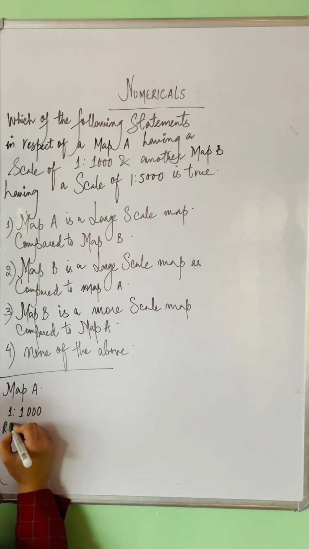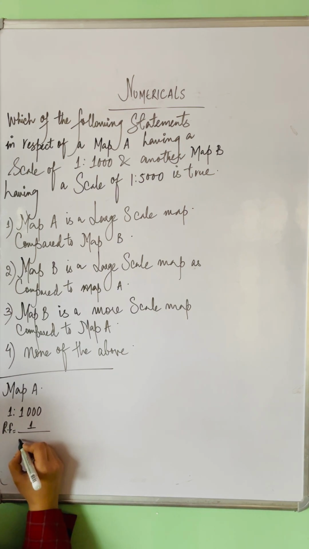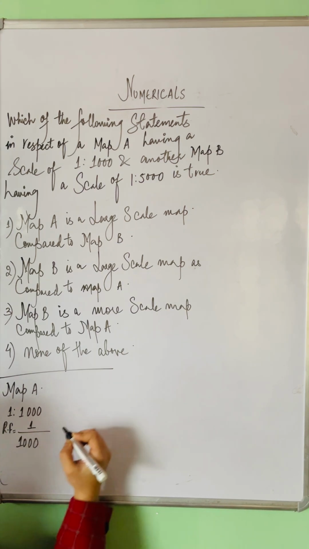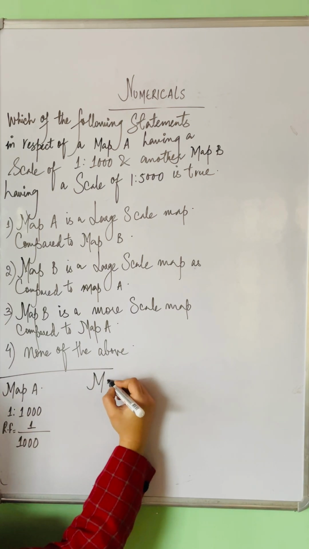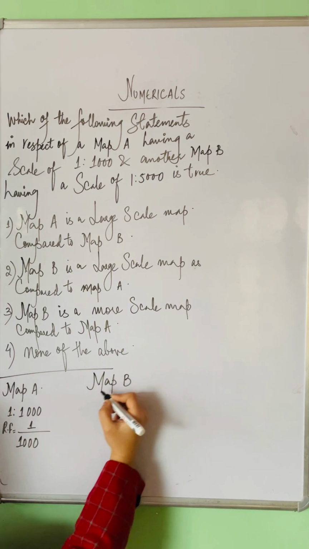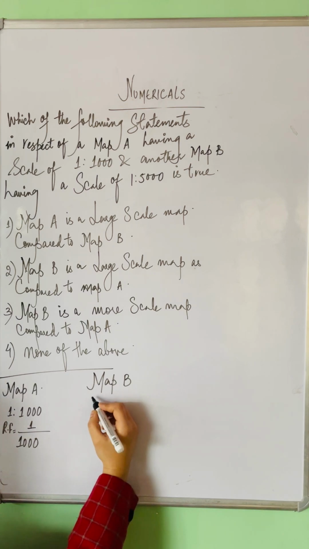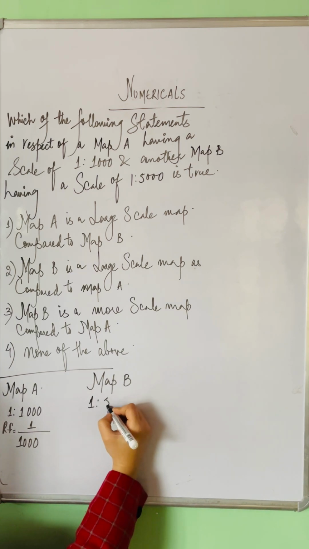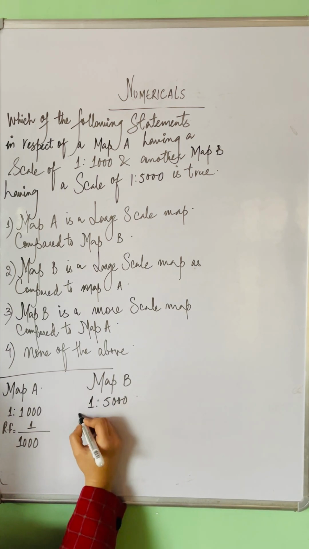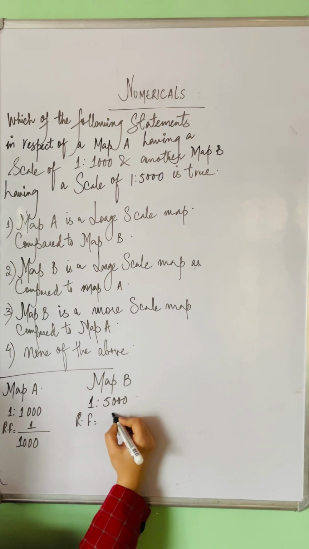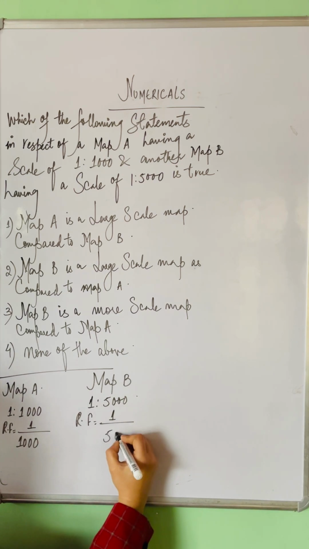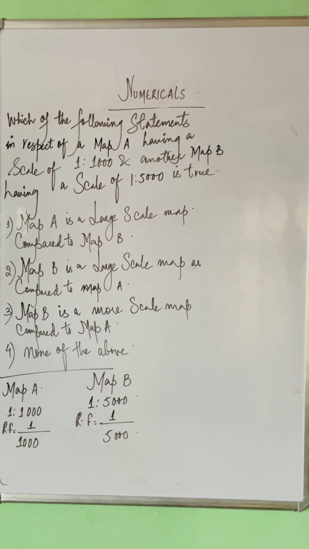That means the representative fraction is 1/1000. Map B, what is the scale? 1:5000. RF is equal to 1/5000.